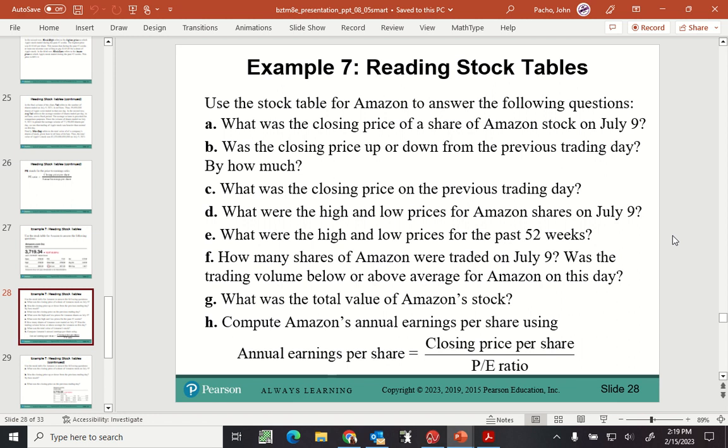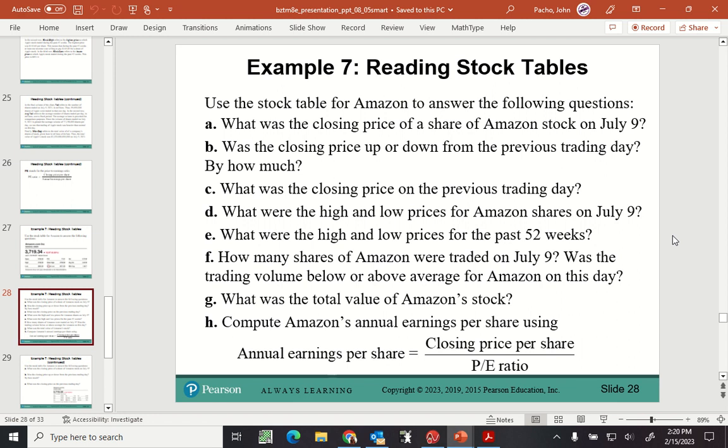How many were traded? G. What was the total value of Amazon stock? And H. Compute Amazon's annual earnings per share using this.